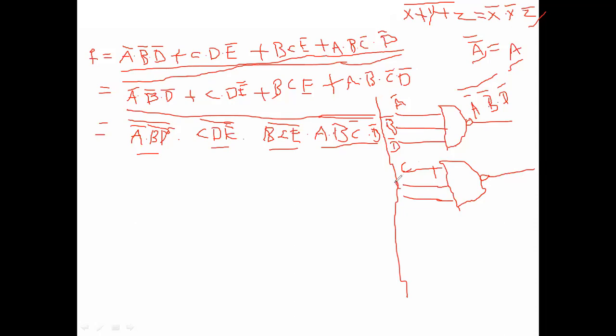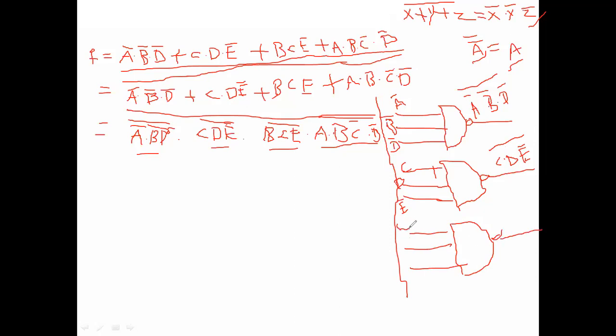C, D, E bar. So what is the output? C dot first input, second input, and the third input E bar whole bar. Okay. Next B, C, E. One NAND gate.